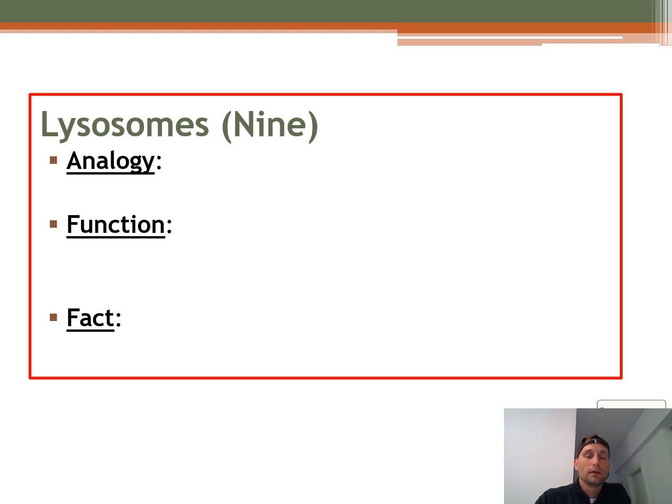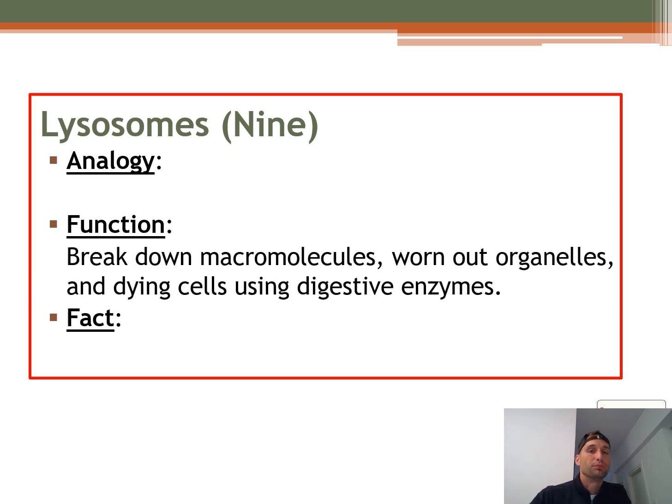Another important organelle is a lysosome. Lysosomes are very important because their function is to break down macromolecules, so they help with digestion. They have enzymes that can break apart big carbohydrates, those disaccharides, and convert them into monosaccharides that the cell can actually use.